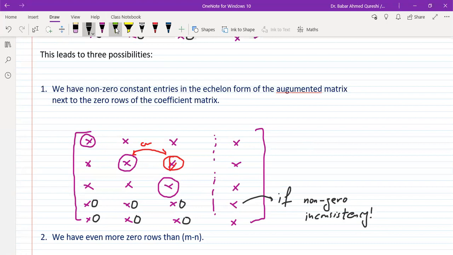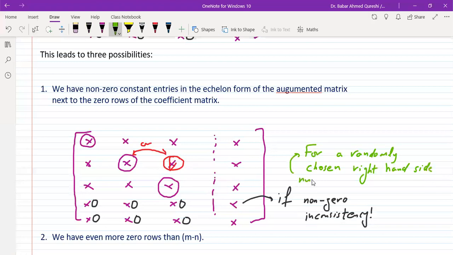So that means for a randomly chosen system, or for randomly chosen right hand side numbers, there is a great chance that you will encounter inconsistency.